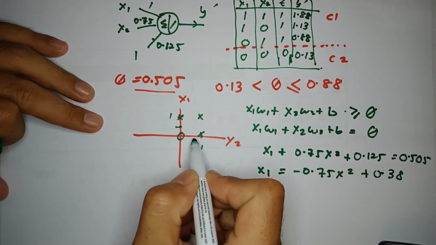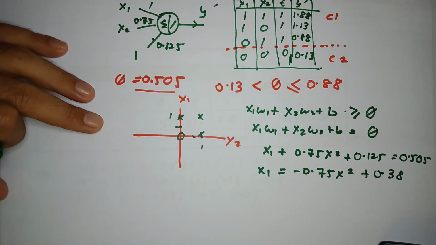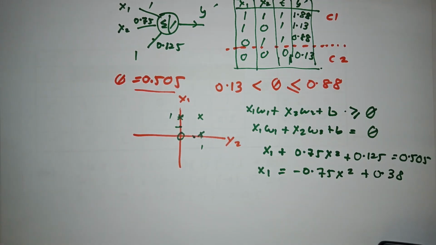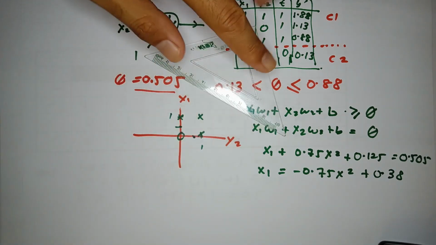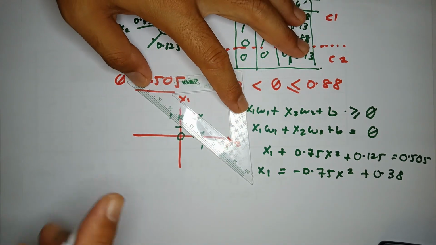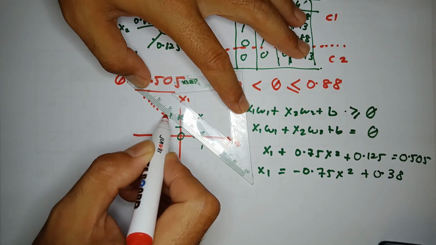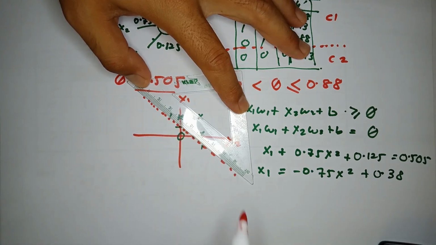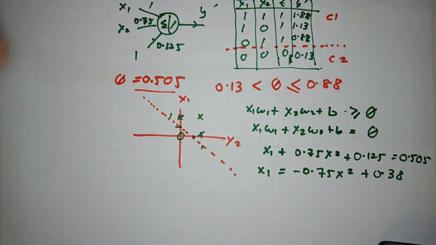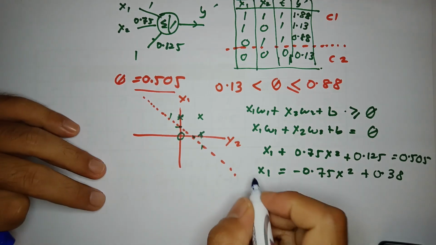So 0.51 may be somewhere in here. In this case, we can draw the optimal decision boundary for this condition, which is this part. This is the situation where we select theta equal to 0.505.